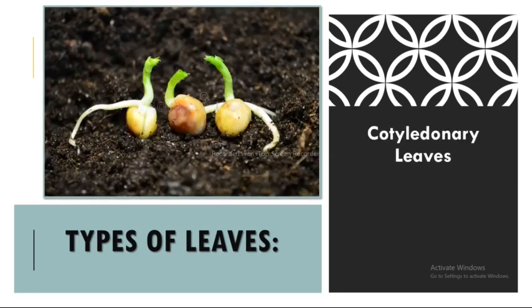Second type of the leaf is known as cotyledonary leaves, and these are mainly the first leaf or one of the first pair or whorl of leaves developed by the embryo of a seed plant or some lower plants such as ferns. So these are known as cotyledonary leaves.